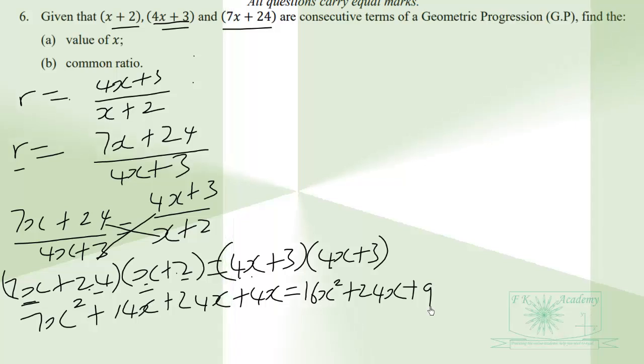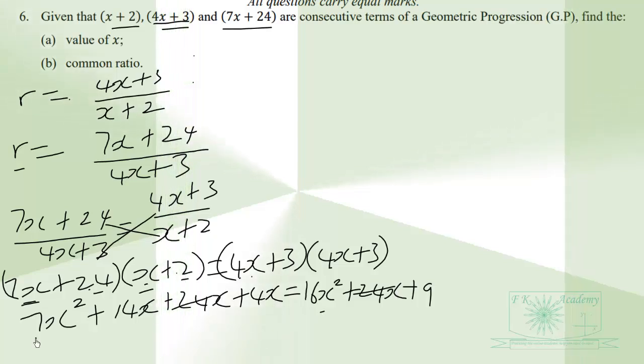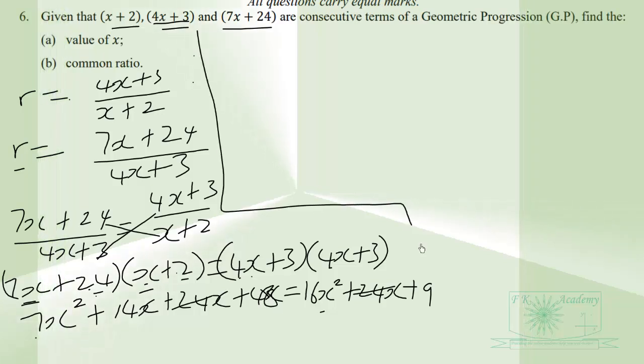Okay, so 24x, we get rid of 24x. So we are left with 7x. We have 16x squared here. We have 7x squared there. So we group the like terms. Then we have 48. So let's do this simplification. Group like terms.